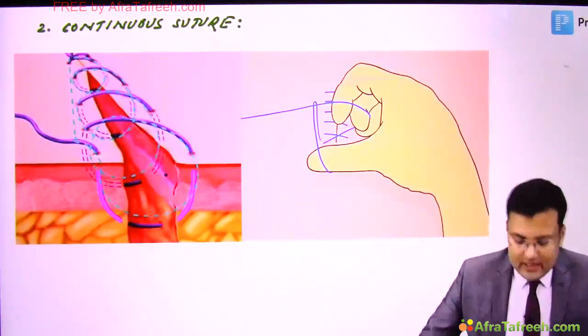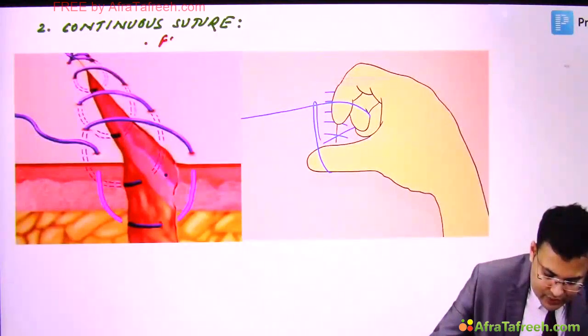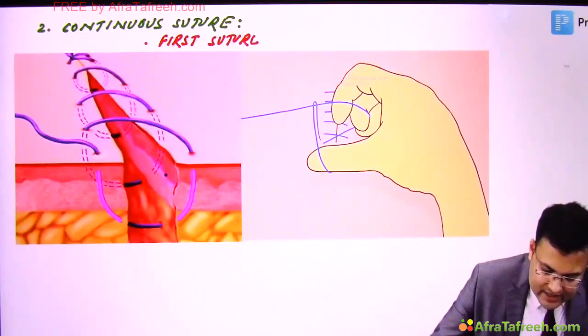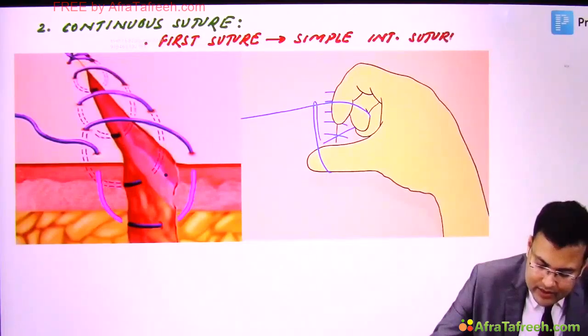Clear? So what's done in this continuous suture? Here the first suture is identical to simple interrupted suture. Clear?